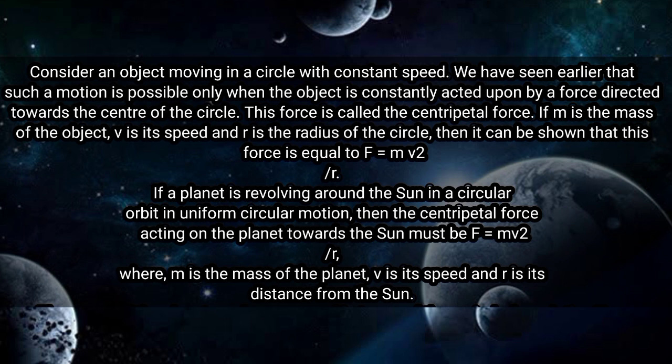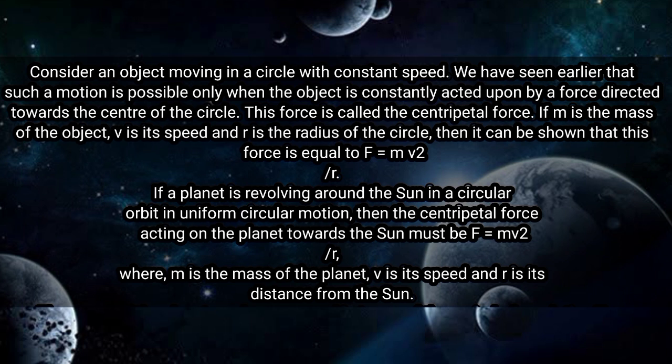If a planet is revolving around the Sun in a circular orbit in uniform circular motion, then the centripetal force acting on the planet towards the Sun must be F = mv²/r, where m is the mass of the planet, v is its speed and r is its distance from the Sun.